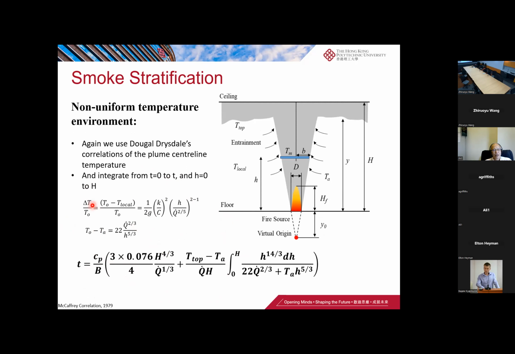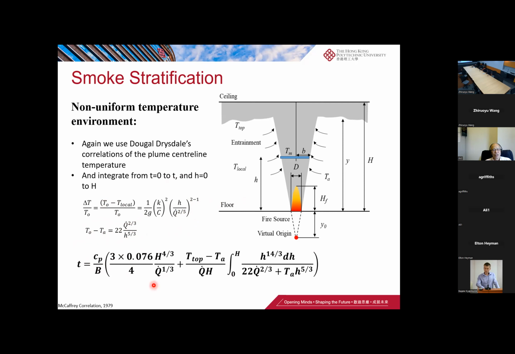Based on that equation, now we introduce McCaffrey's correlation. This is the centerline equation, where the temperature at the center relates to the total heat release rate and H, and the ambient temperature. With these two correlations replaced into the earlier equation, we have this equation.